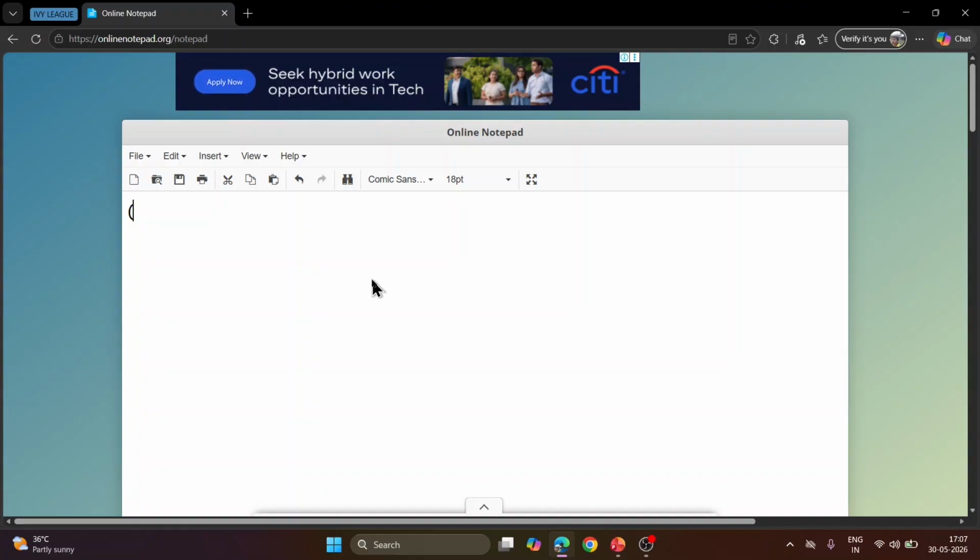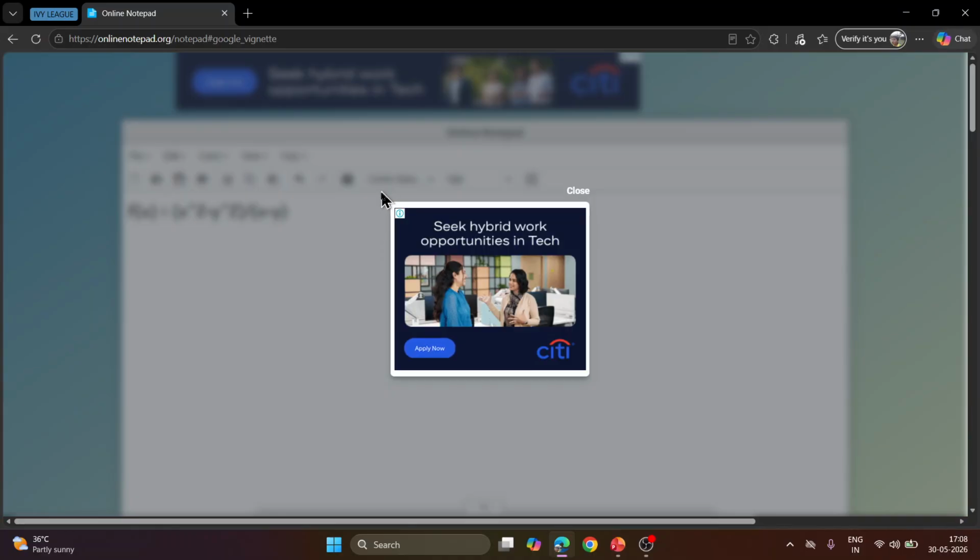Let's say you have an equation, f of x equals x squared minus y squared divided by x minus y.